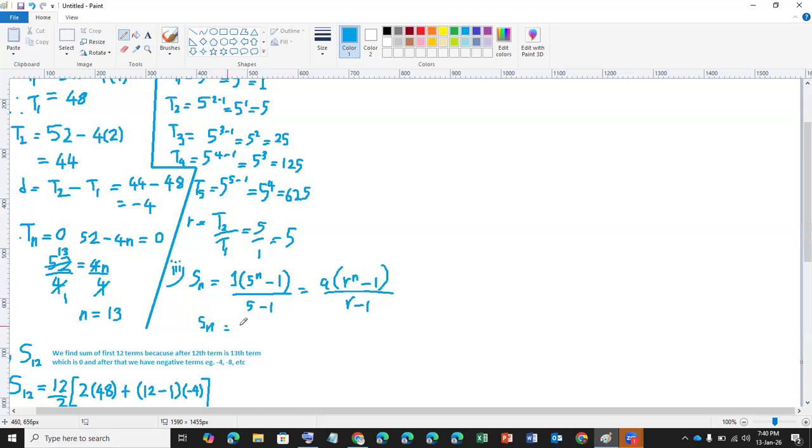Of course, nothing can really happen inside that bracket, so you just leave it as 5 raised to the power of n minus 1, and everything is over 4. This one is not like the Sn for the arithmetic series. It's very straightforward. Okay, so what did they say next?